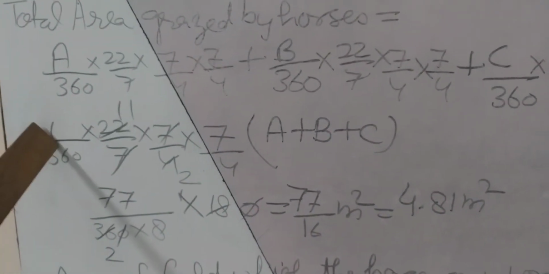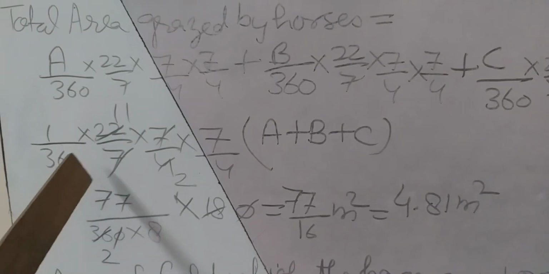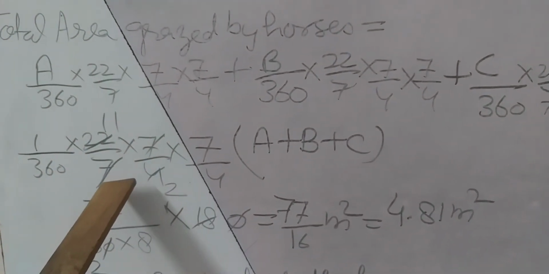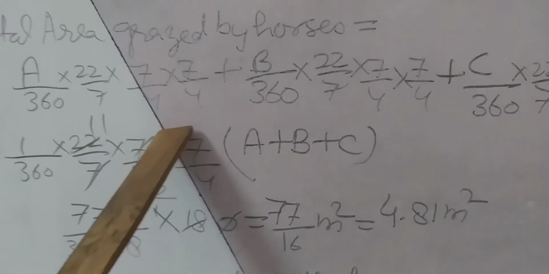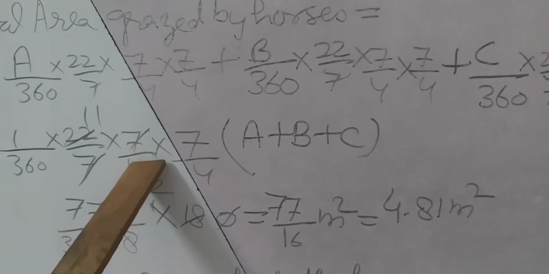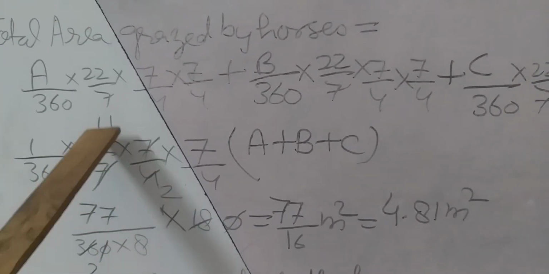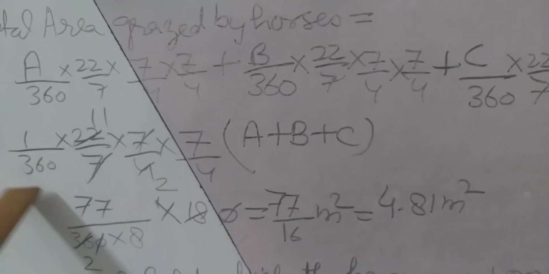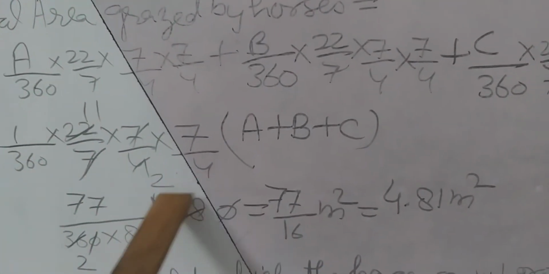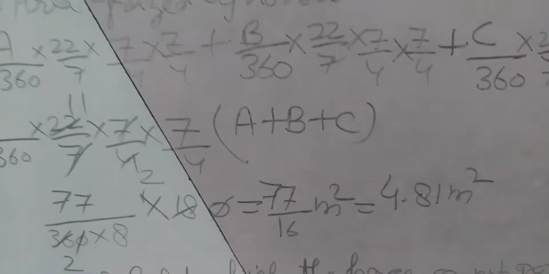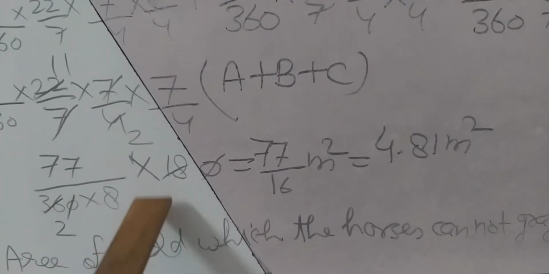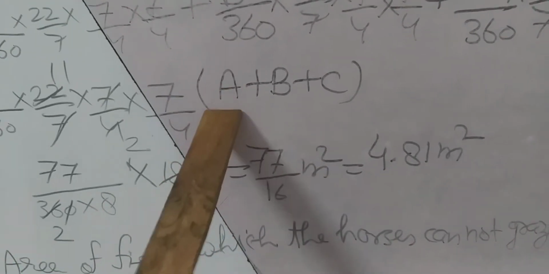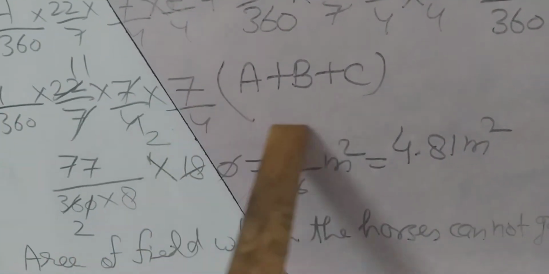So 1/360. And here student, you can see the calculation. 7 and 7 both cancel. 2 2s are 4 and 2 11s are 22. 11 7s are 77 upon 360 and 4 2s are 8. So 77 upon 360 into 8 into 180, because the sum of angles of a triangle is 180.